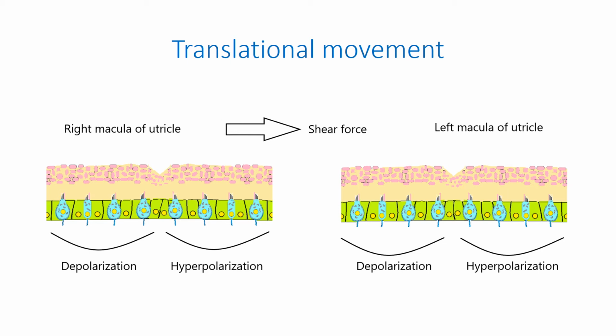Besides this, the saccular and utricular maculae on one side of the head are mirror images of those on the other side. Thus, a tilt of the head to one side has opposite effects on corresponding hair cells of both the utricular or saccular maculae.